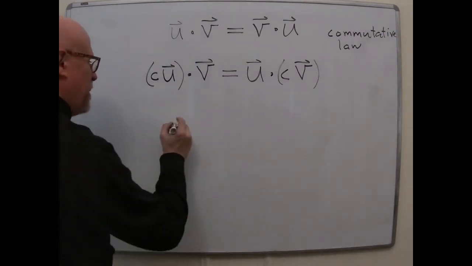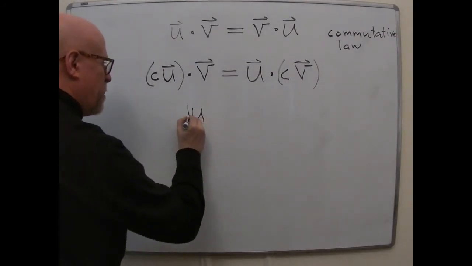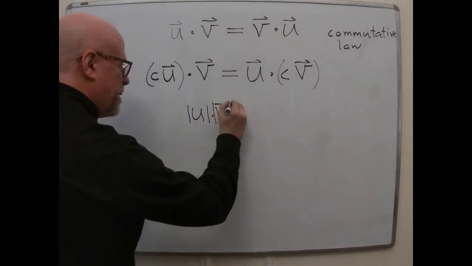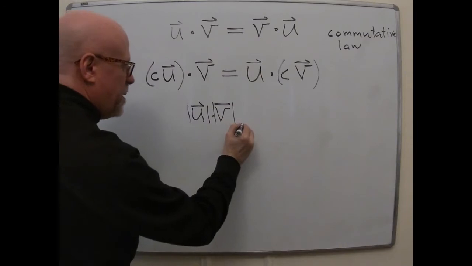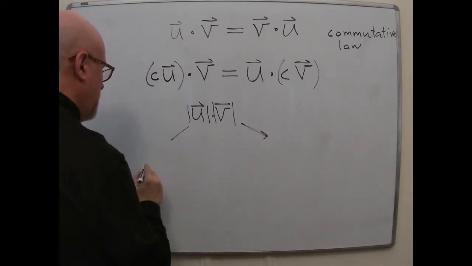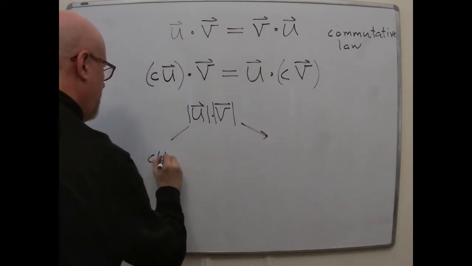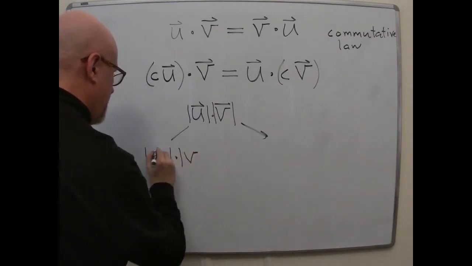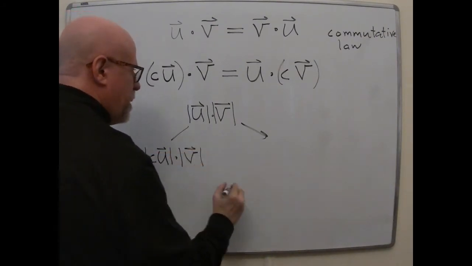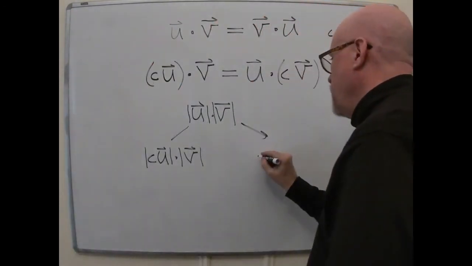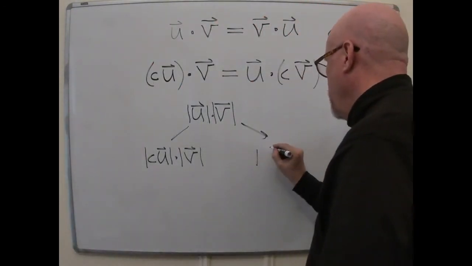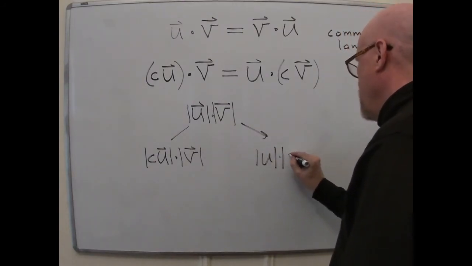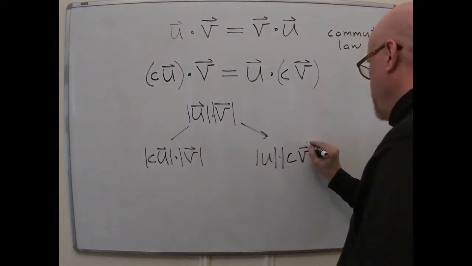What I'm trying to say is the product of their magnitudes is, on the one hand, turning into scaling up u and multiplying it by v. And on the other hand, turning it into leaving u fixed and scaling up v and doing the product.